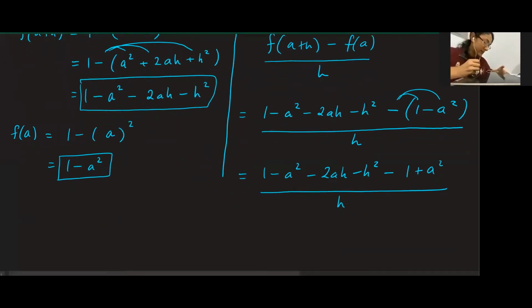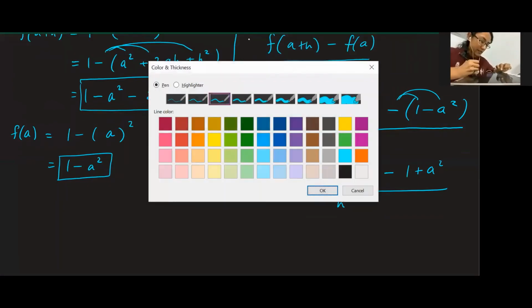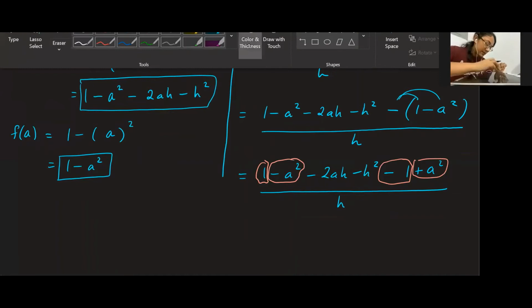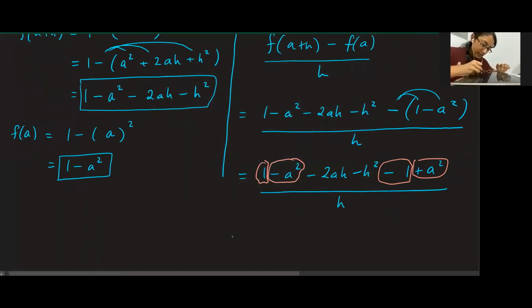Now here you want to kind of play around with it and cancel like terms. So I'm going to go ahead and cancel out 1 and negative 1. And then you will see that negative a squared and a squared will also cancel out, which will give us what's remaining. That would be negative 2ah minus h squared on top, all over h.